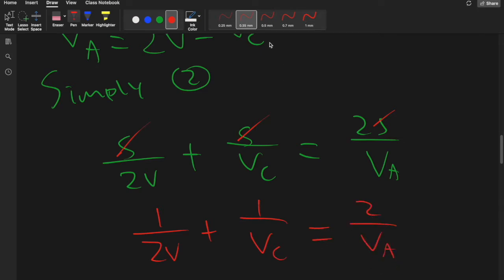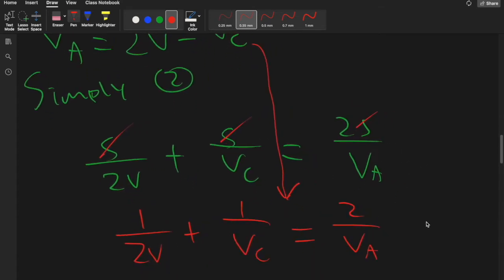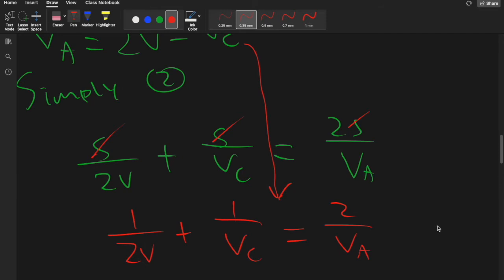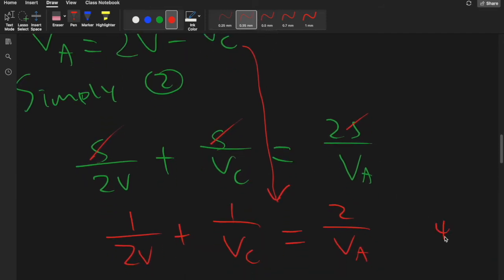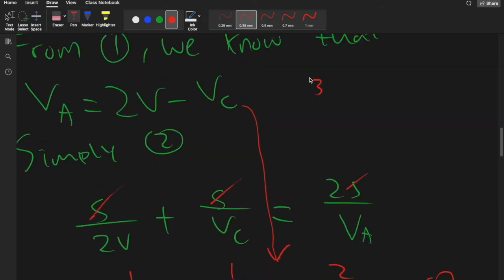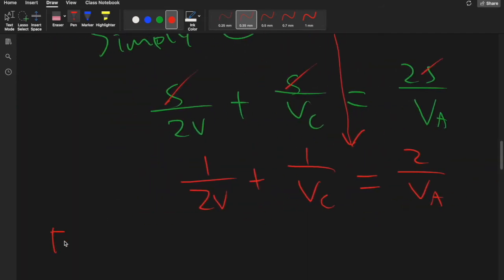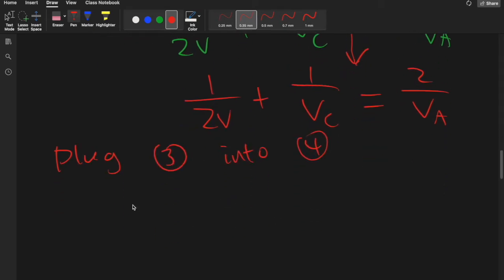So now let's plug in this formula. This will be equation 4, and this one will be equation 3. So plug equation 3 into equation 4, and it becomes like this.